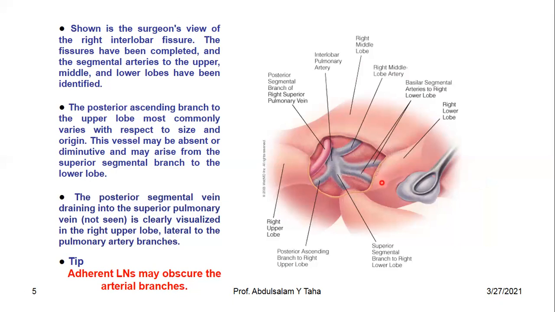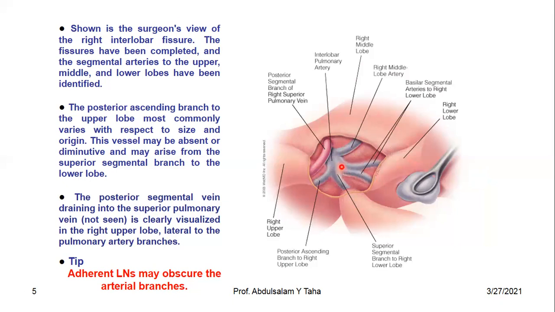When the dissection is completed, we should be able to identify the different segmental arteries to the different lobes of the lung. So this is the middle lobe, this is the right lower lobe, and this is the left lower lobe.